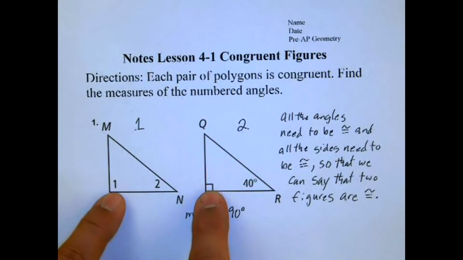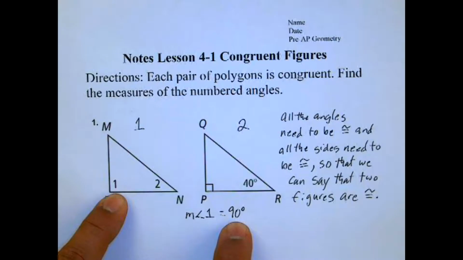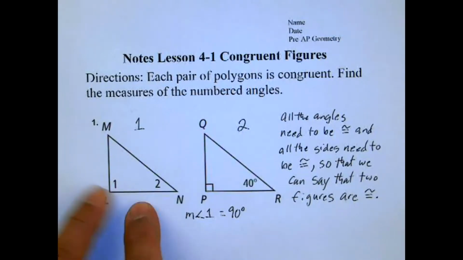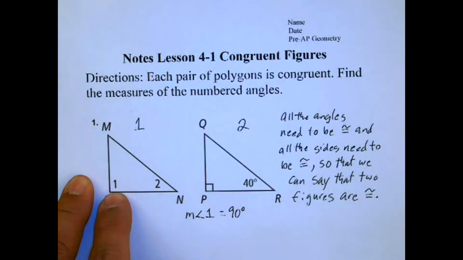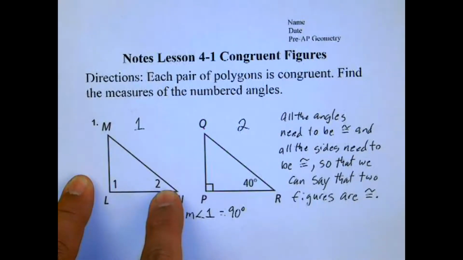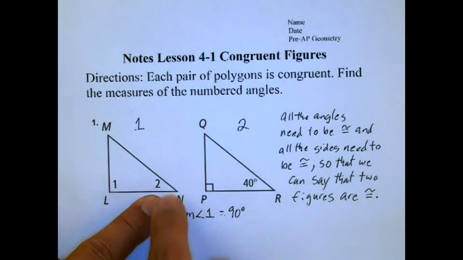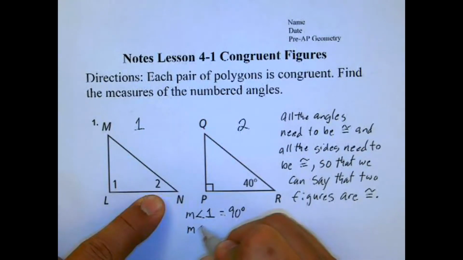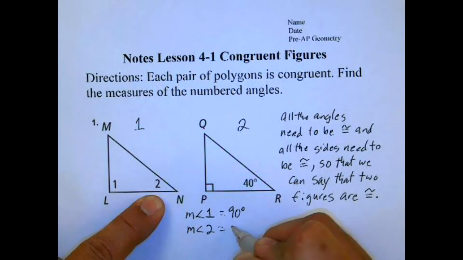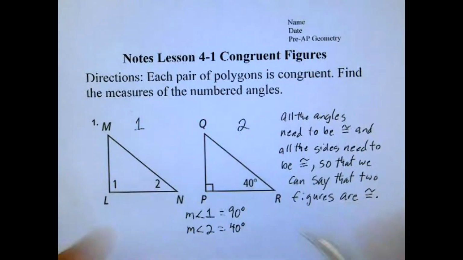They are the same angle, so the measure of angle 1 has to equal 90 degrees. Now, to the right of the 90-degree angle, we have 40 degrees, so the measure of angle 2 is equal to 40 degrees.